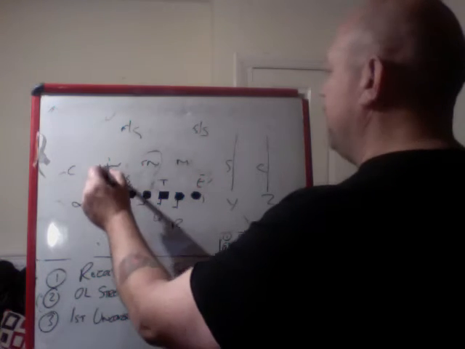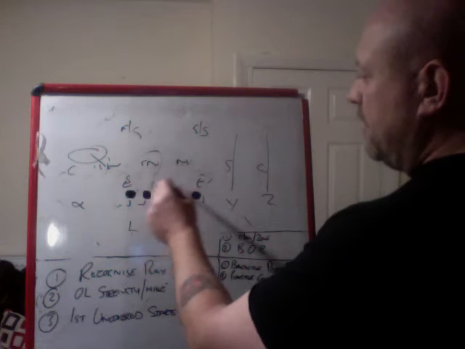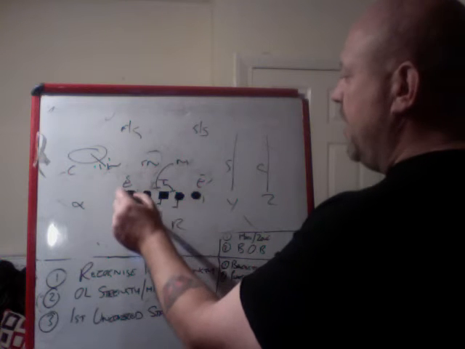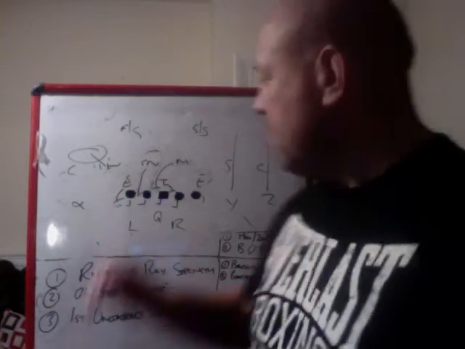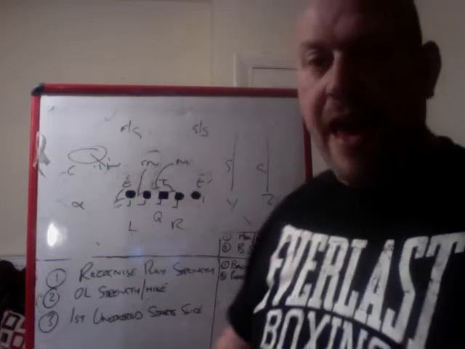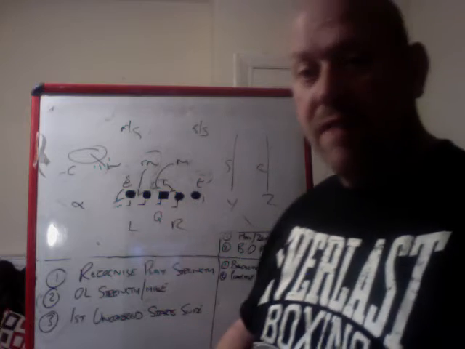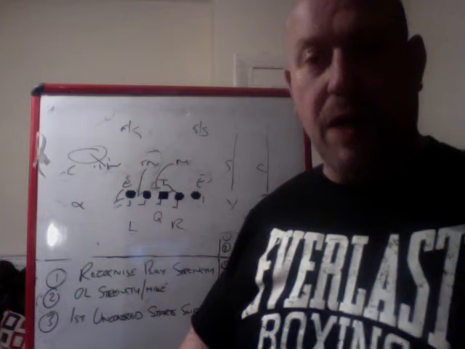If, for example, the Will backer drops hook to curl there, the tackle goes over the top, the Mike goes there, it doesn't matter what they throw at us. Any combination that these four out of the five bring towards my backside gaps, I can block.